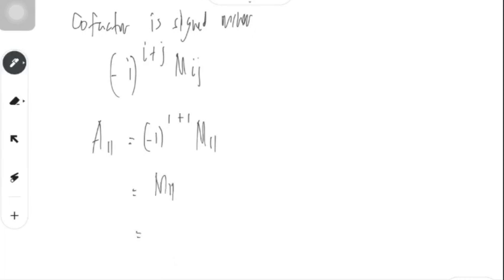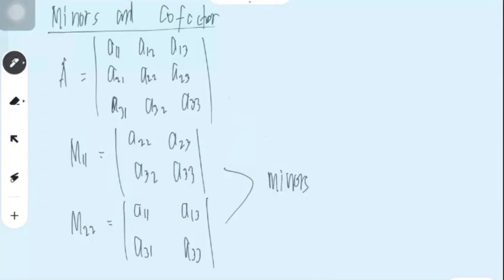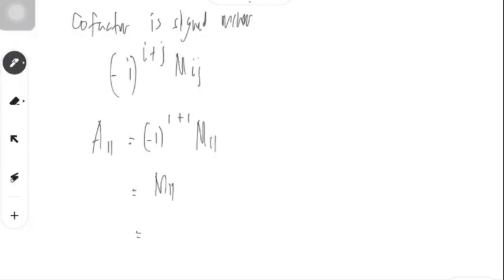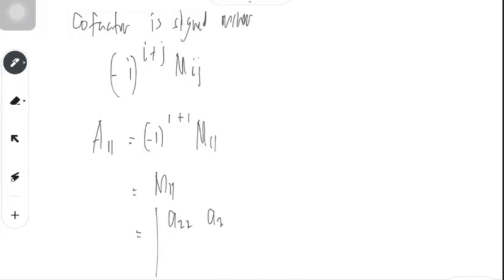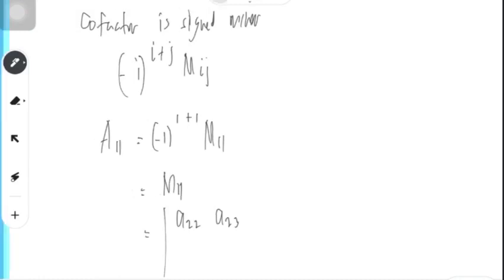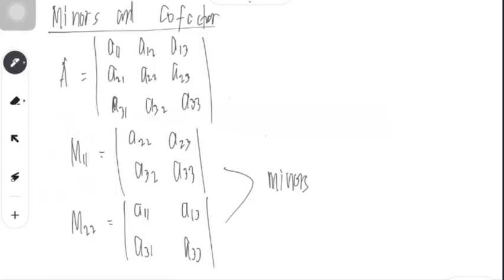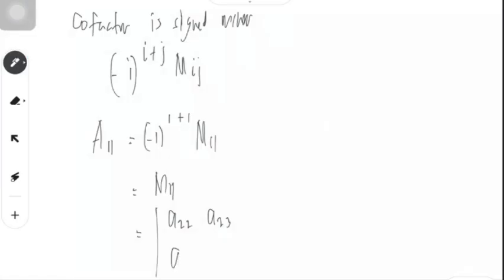And positive M11, if we're going to go back to the minor, we have A22, A23, then followed by A32, A33. There's no change on the cofactor. The sign is still positive.